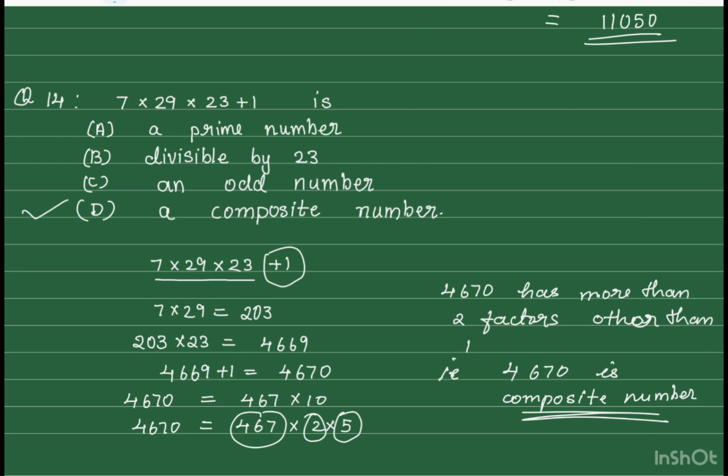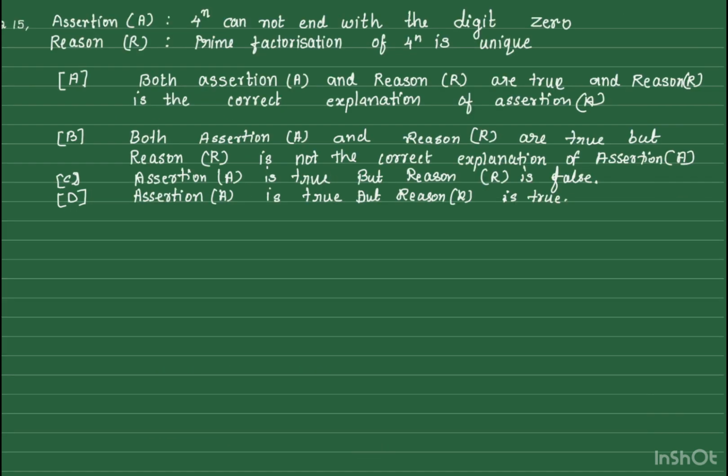Option D is the answer. Question number 15. Assertion A: 4 raised to n cannot end with the digit 0. Reason R: Prime factorization of 4 raised to n is unique.